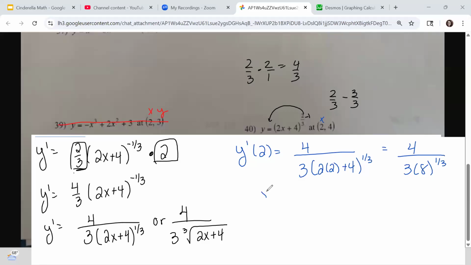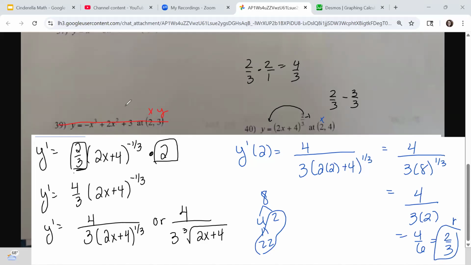If you think about 8 real fast, that's 4 times 2, 2 times 2 times 2. 8 has three 2s. The cube root of 8, or 8 to the 1/3, is 2. So this is going to be 4 over 3 times 2, 4 over 6, which reduces to 2/3. There is the slope of the tangent line.